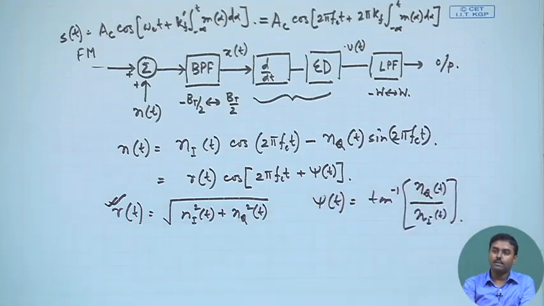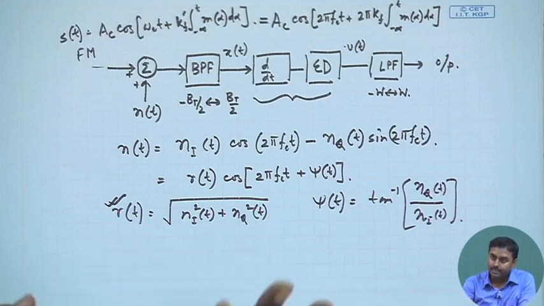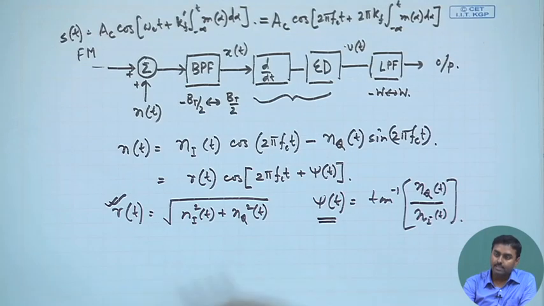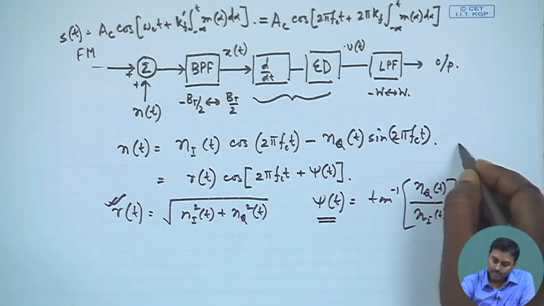I am not going into the details of that because that will take us somewhere else. Due to time constraint we are just taking that. So, it is Rayleigh distributed, and the corresponding psi(t) can also be proven to be uniformly distributed between 0 to 2 pi.